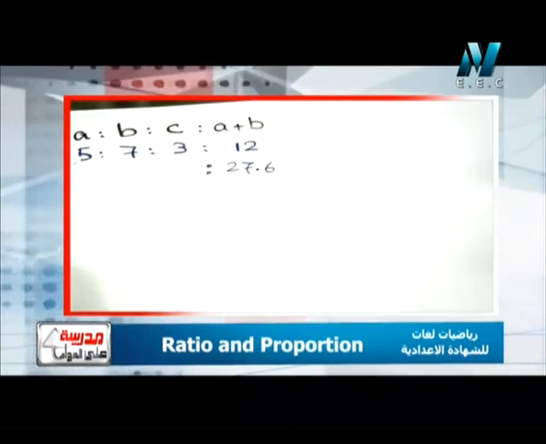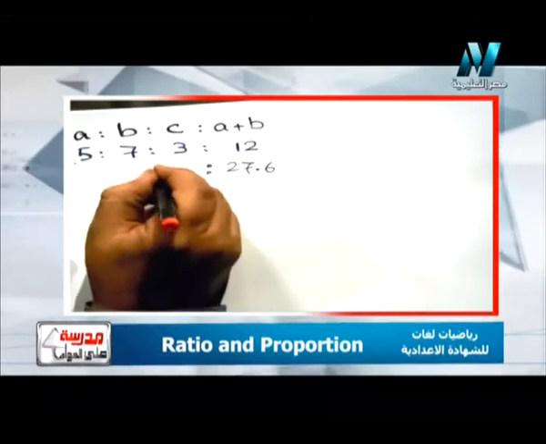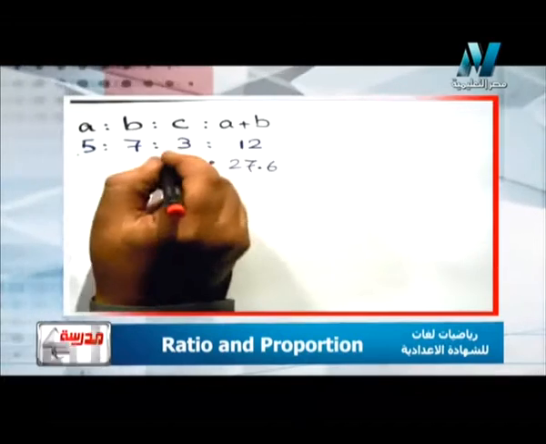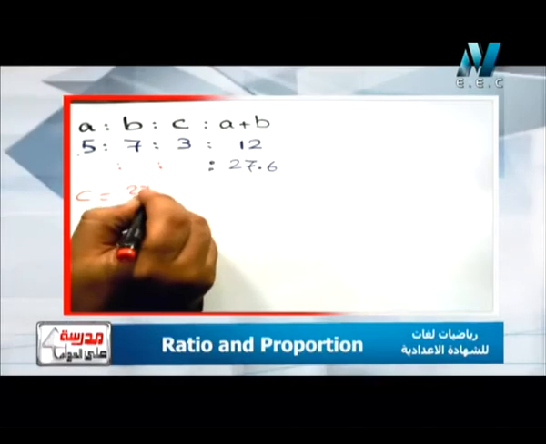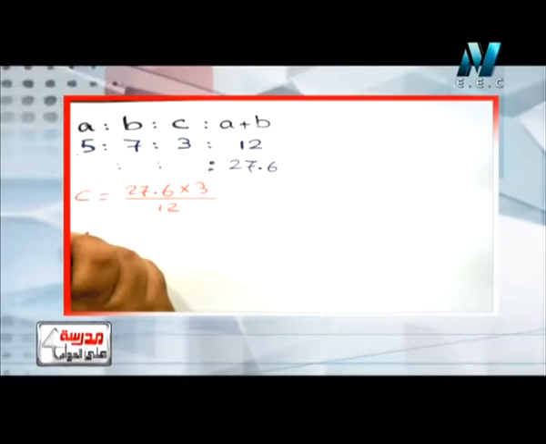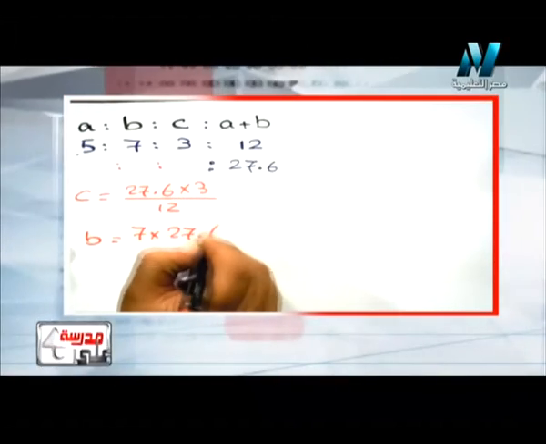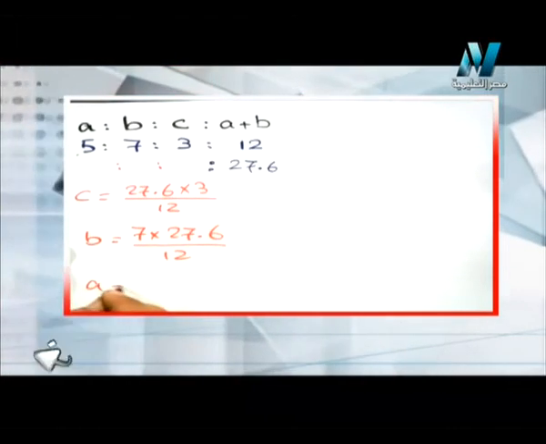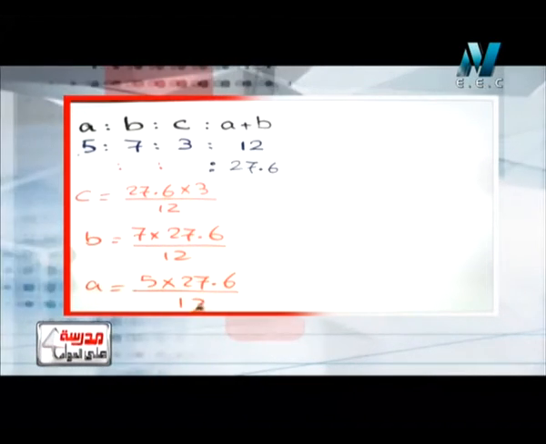And now, using a cross multiplication strategy, I can find the value of C and B, as C will be equal to 27.6 times 3 divided by 12, and B equals 7 times 27.6 over 12, and A equals 5 times 27.6 over 12.